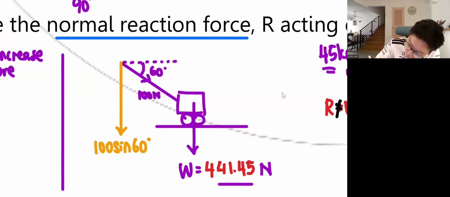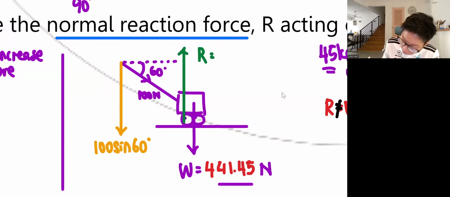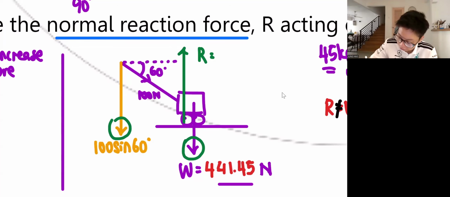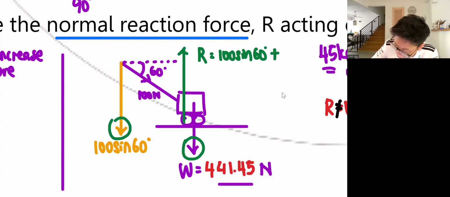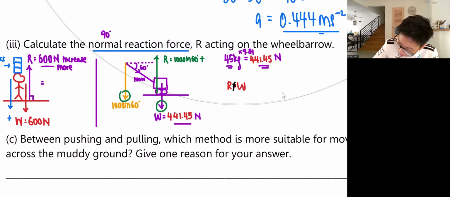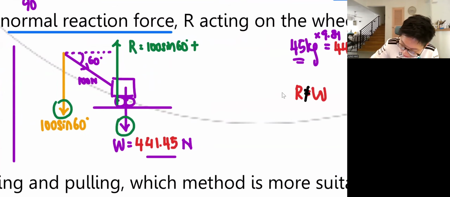So ultimately, what is your reaction force? Your reaction force will be equal to the sum of the down forces, which means 100 sine 60 plus 441.45.